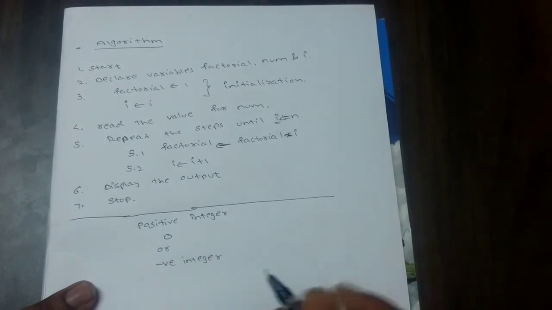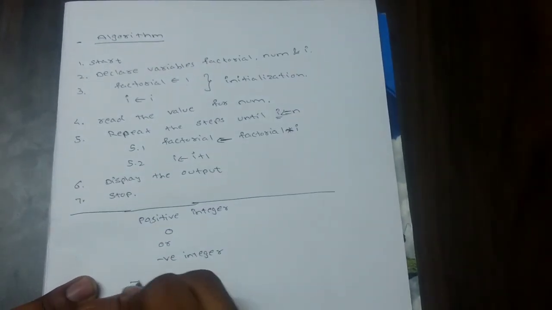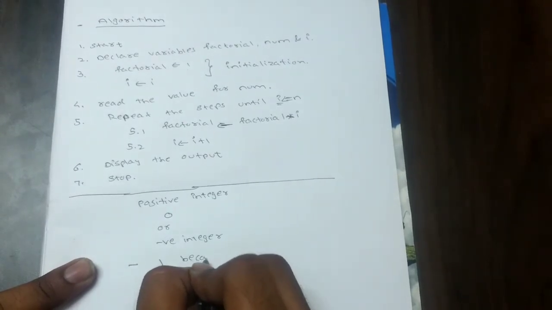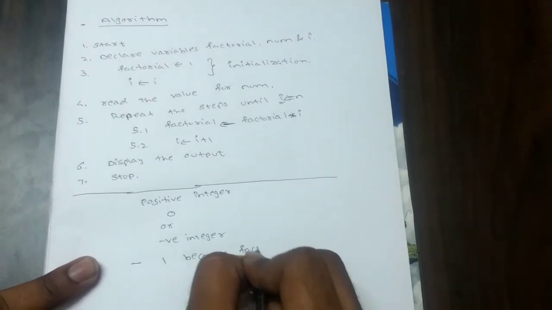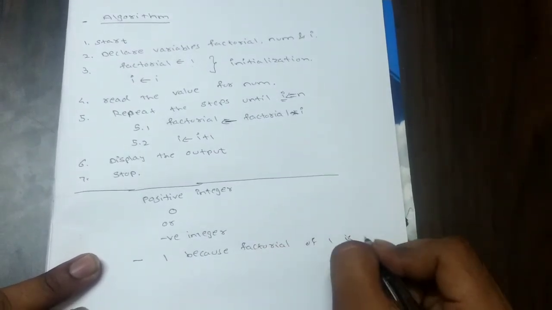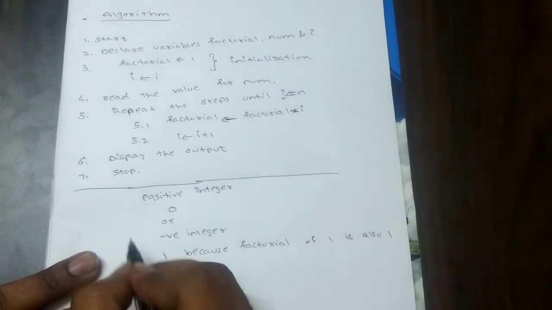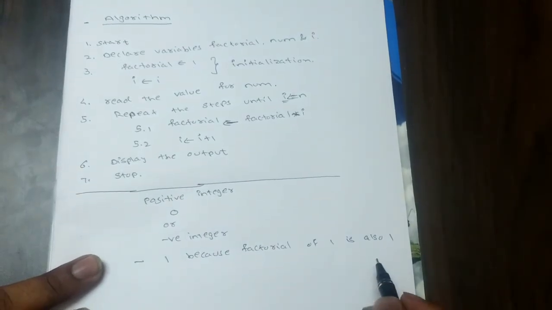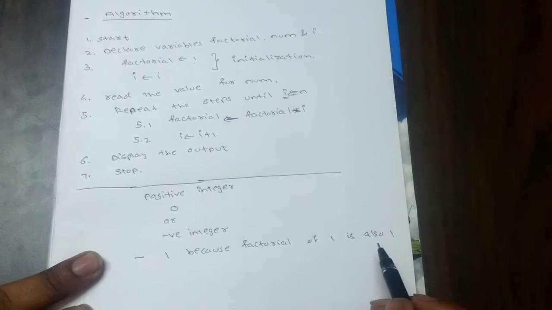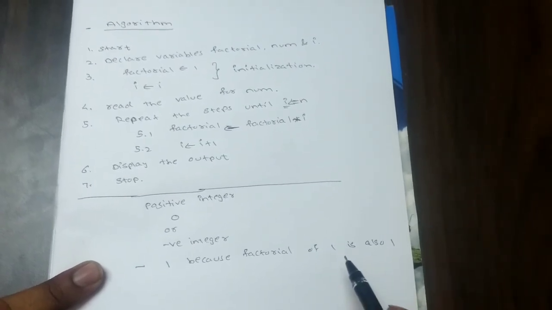Then one more special case would be 1, because factorial of 1 is also 1. So these are the special cases you need to take care of. I will demonstrate all these cases in the program. So let us continue with our programming.